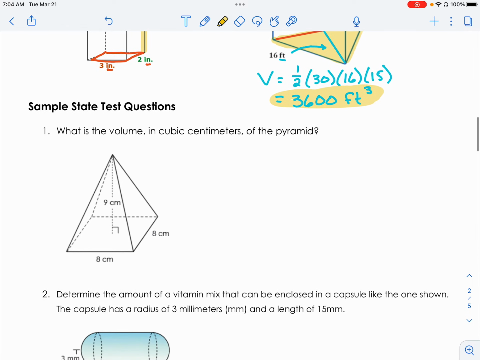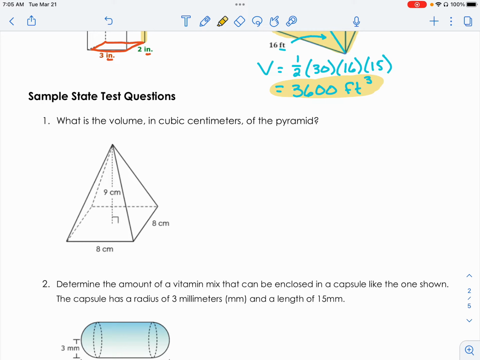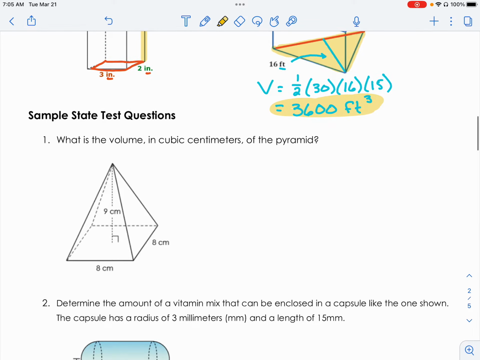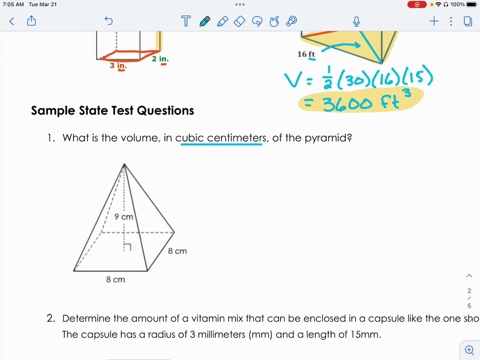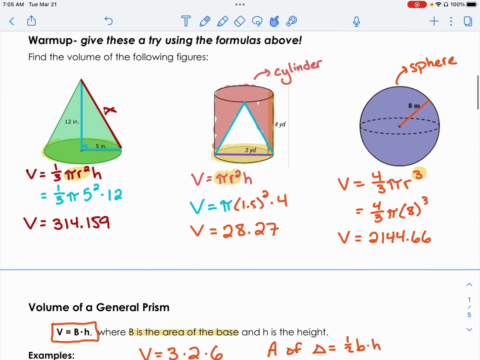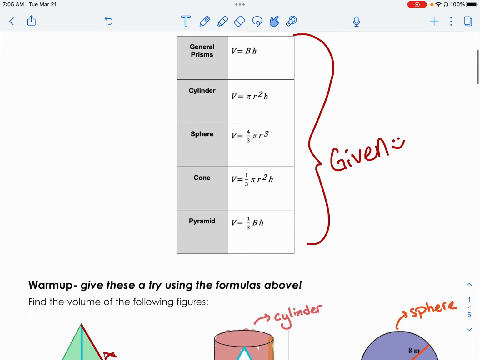All right, let's move right along into 2 sample state test questions. So the first one, what is the volume in cubic centimeters, which just means centimeters cubed, of this given pyramid? So I go back up and I look at my sheet and I say, am I given a pyramid?